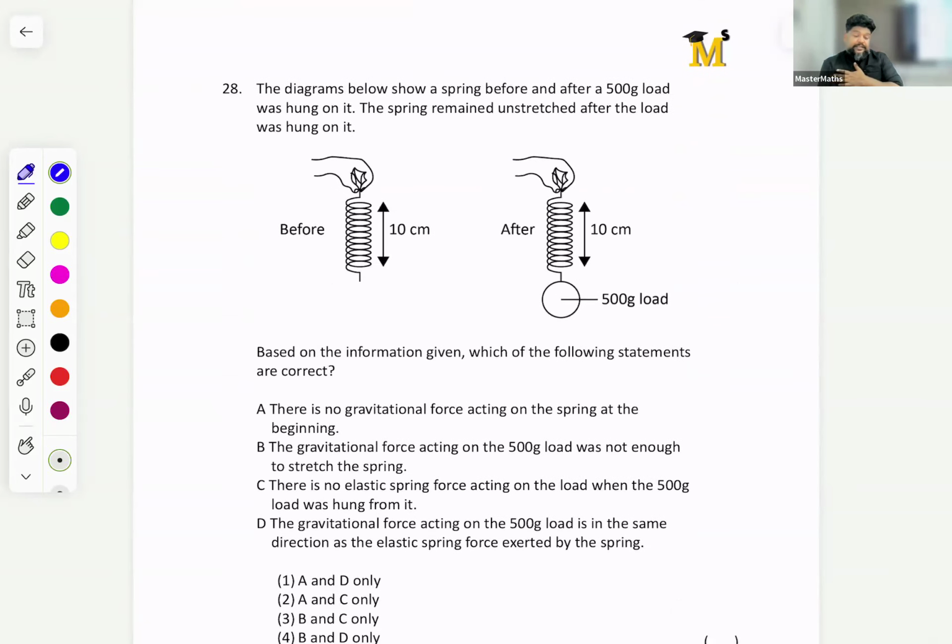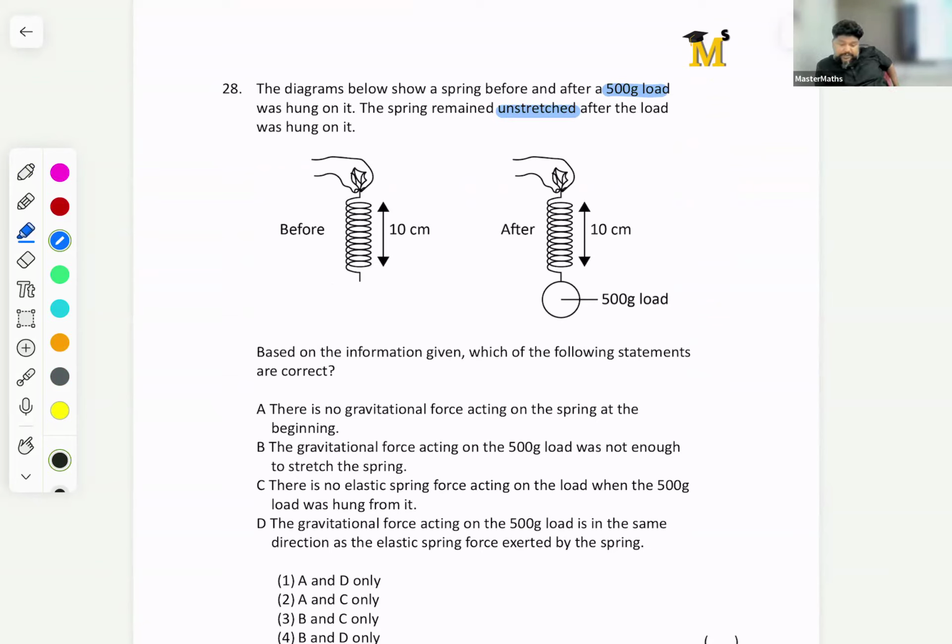Okay, let's look at this. The diagram below shows a spring before and after a 500-gram load was hung on it. The spring remained unstretched. Keyword here, unstretched. What was the answer? Got it correct? Okay. How about you? Aina, what did you get? 3. Okay.